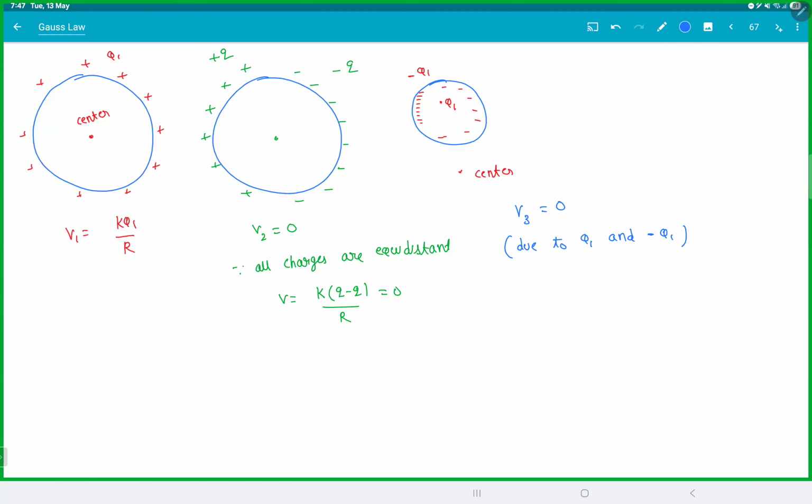And if you want to prove it, there's a way to prove this. What is the field outside due to these things? Can I say like this? V center minus V infinity will be minus integral E dot dr. But this is zero, that is, the field is zero.